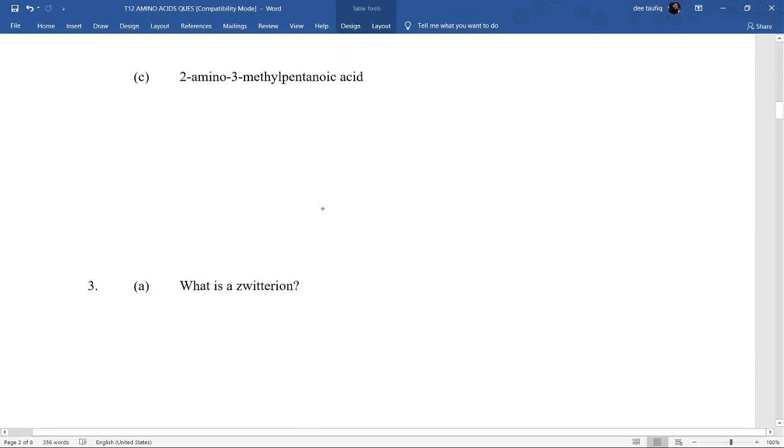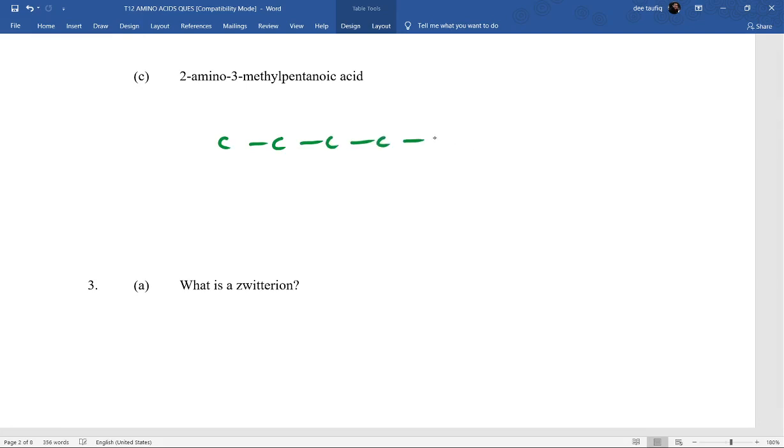So C, 2-amino 3-methyl pentanoic acid. So 5 carbons, 1, 2, 3, 4, and number 5 is COOH. Carbon number 2 we have NH2. Carbon number 3 we have CH3.